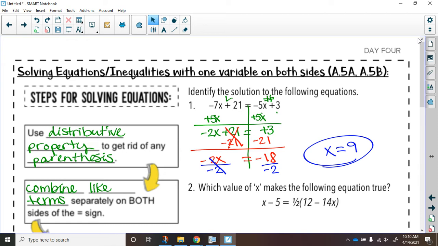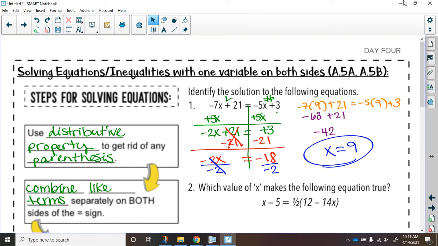So I'm going to take my x, my 9, and plug it in. So negative 7 times 9 plus 21 should equal negative 5 times 9 plus 3. Let's see what we get when I solve this. Negative 7 times 9 is negative 63. We need to add 21, and that equals negative 42.